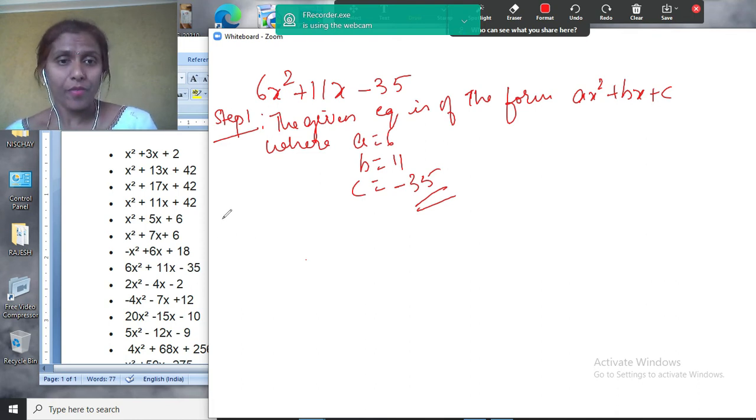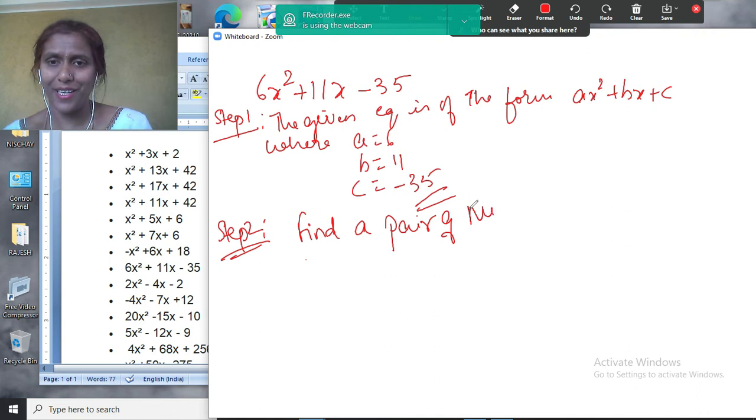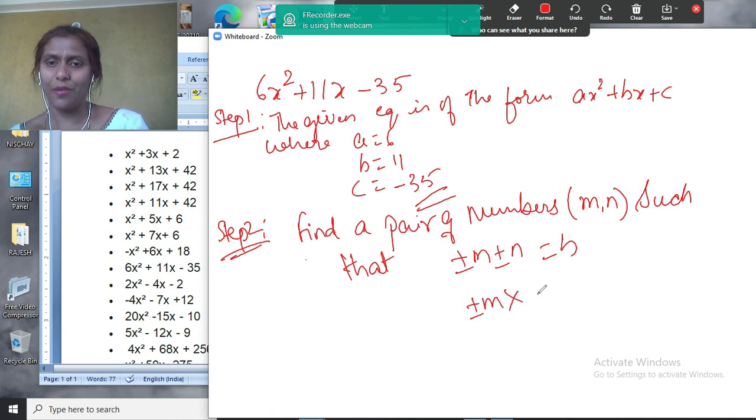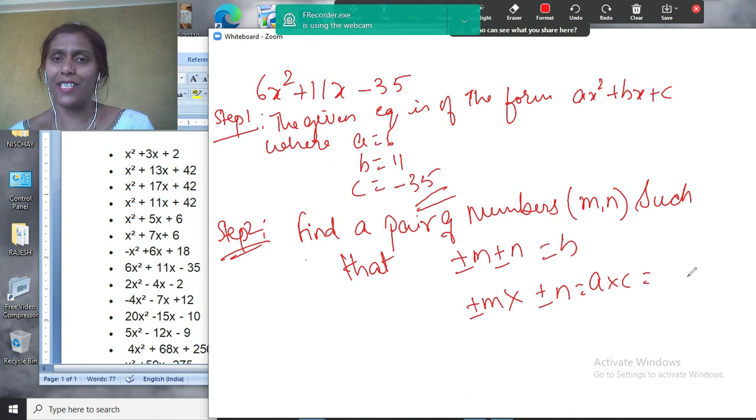Now, what is your step 2? Find a pair of numbers m comma n such that their sum, plus or minus m plus or minus n, should give me b, and their multiplication, m into n, should give me a into c, which is 6 into minus 35.